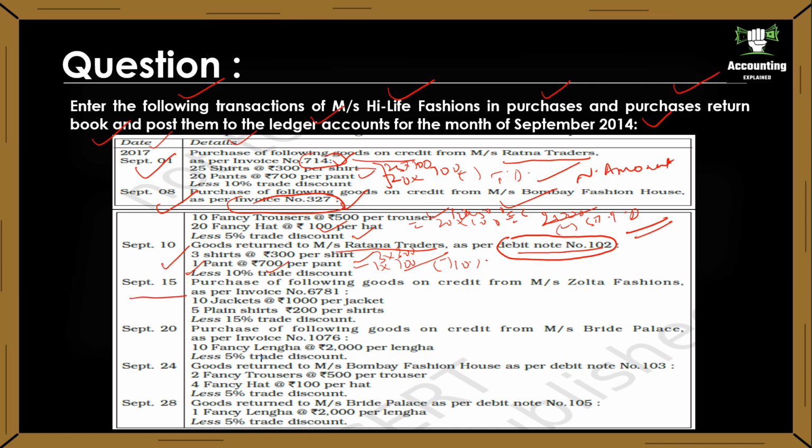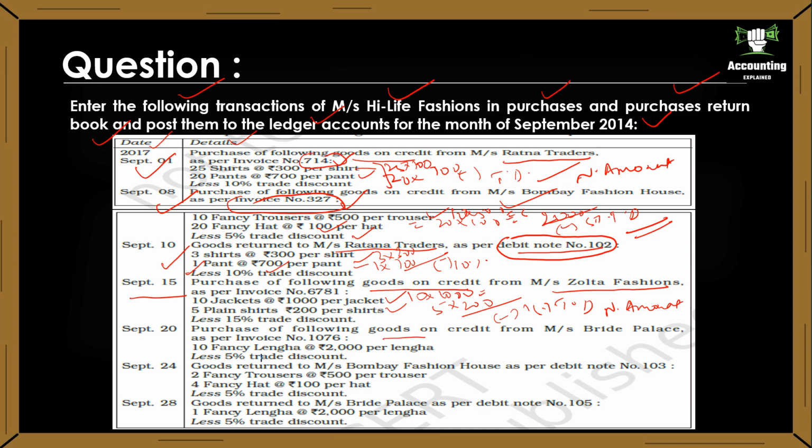On September 15, purchase of the following goods on credit from Messrs. Zolta Fashions, 10 jackets at 1000 per jacket, 10 into 1000 amount, and 5 plain shirts at 200 per shirt, 5 into 200 amount. Take the total amount, reduce 15% trade discount, and the net amount will be taken to the purchases journal book.